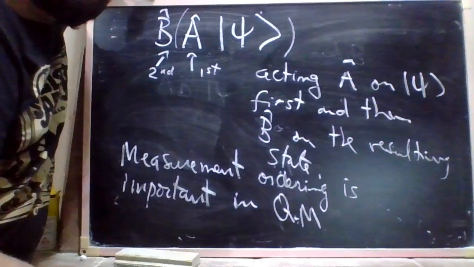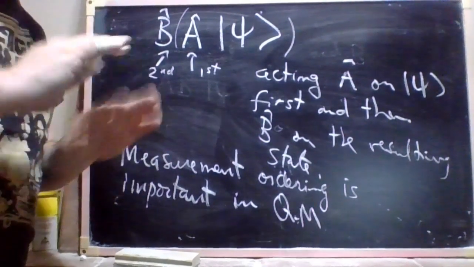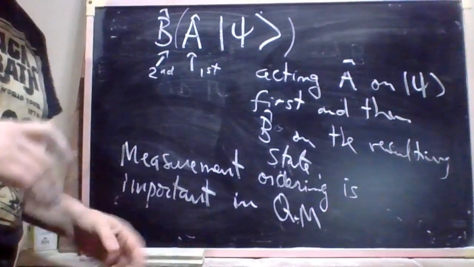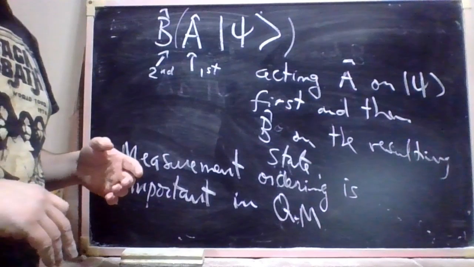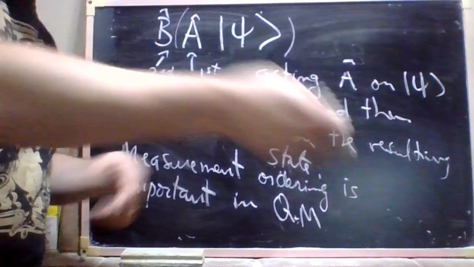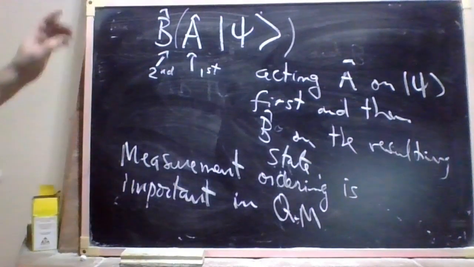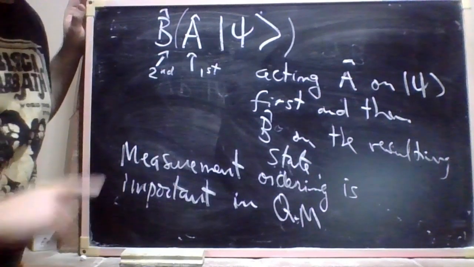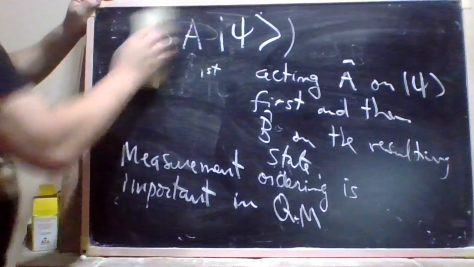All right. In classical physics, in classical mechanics, you can measure position and then measure velocity of a particle, and it doesn't matter because you can measure first the velocity and then the position. The result is the same in classical physics. But in quantum mechanics, that is not guaranteed. Why is that?